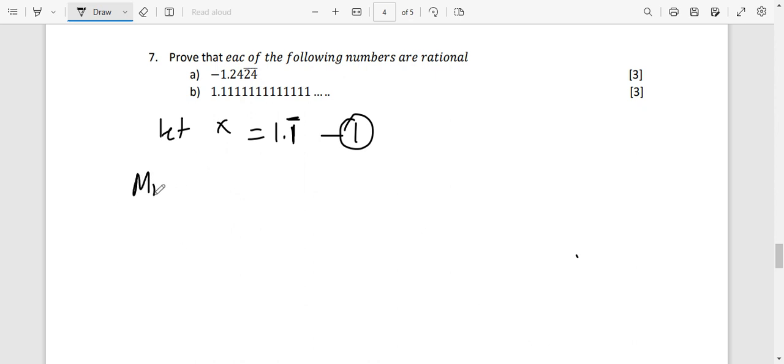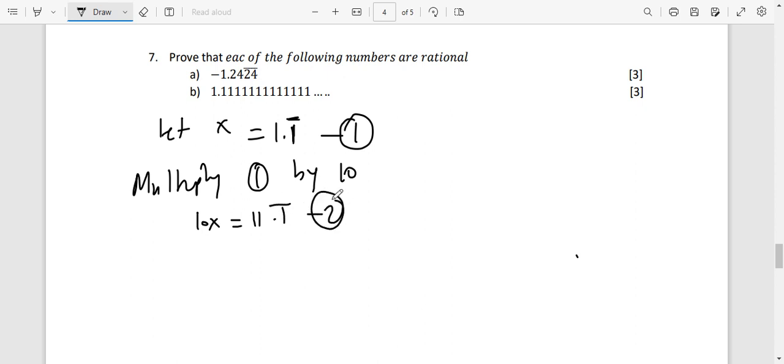Alright, so we are going to multiply equation 1 by 10. So we're going to have 10x is equal to 11.1. And then simply subtract equation 2 minus equation 1. So 10x is equal to 11.1, and then x is equal to 1.1.